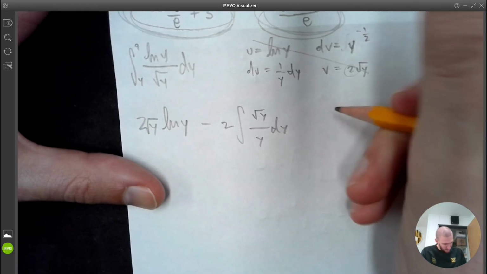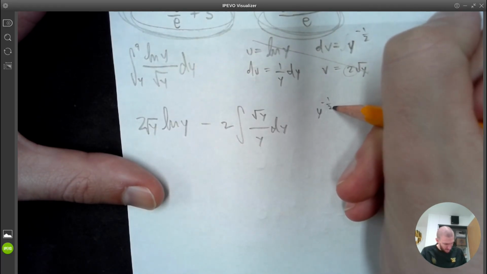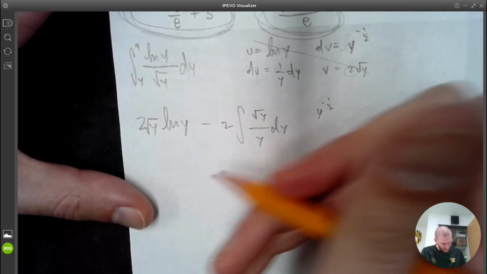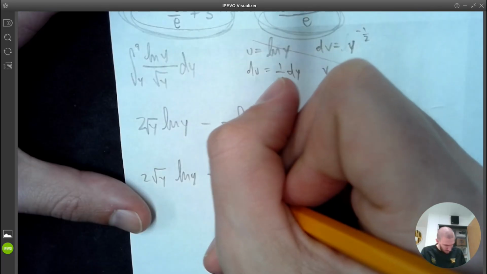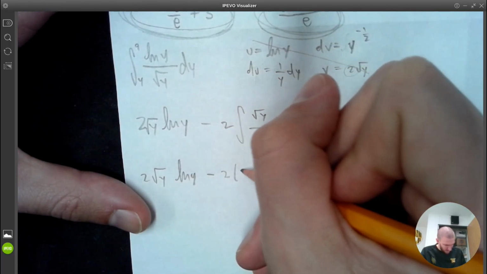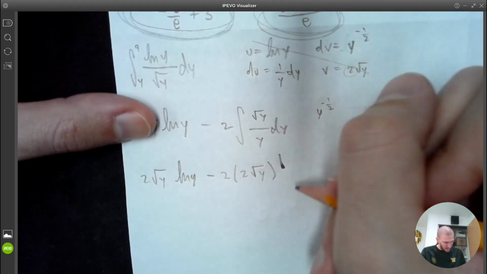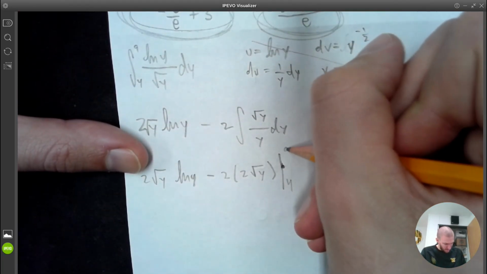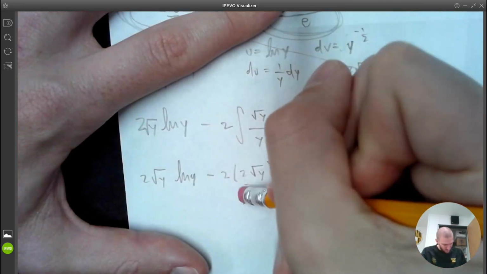This is going to simplify to the same thing, y to the negative 1/2. Okay. 2 square root y, natural log y, minus 2. This is going to become 2 square root y again. This is from 4 to 9. This is a 4. I'm just going to use my eraser.